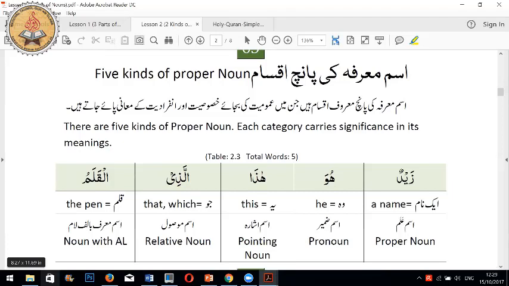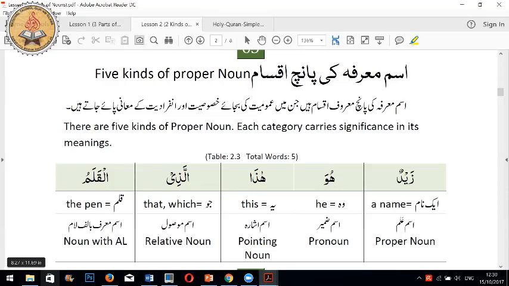And then we have another: al-qalam, the pen, a noun with alif lam, ism mu'arraf bi alif lam. So these are the 5 major kinds of proper noun. It means that any pronoun used in the Quran should be considered as an ism.